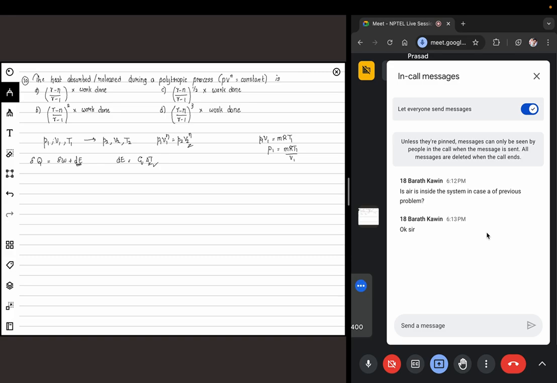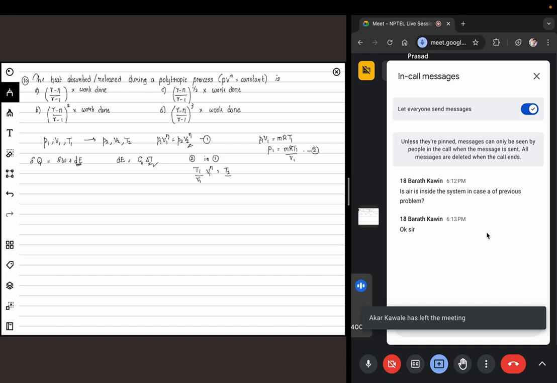If this is equation 1 and this is 2, and I substitute 2 in 1, what am I left with? P1 will be replaced with m R T1 by V1, m R gets cancelled on either side, so V1 to the n is T2 by V2, V2 to the power n. So you have T1 V1 to the power n minus 1 equals T2 V2 to the power n minus 1.